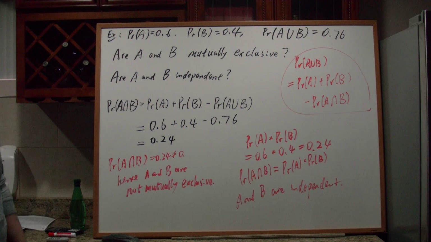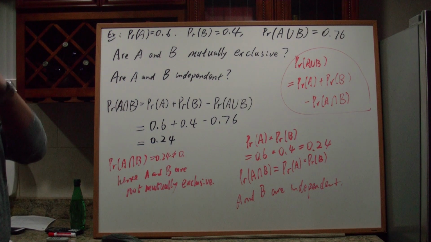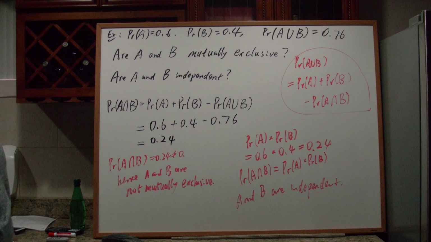That's most of the probability part. We had seen how to find each individual probability given situations, like the coins, the dice, the cards, and other things. Given a table, and here is about mutually exclusive or independent.